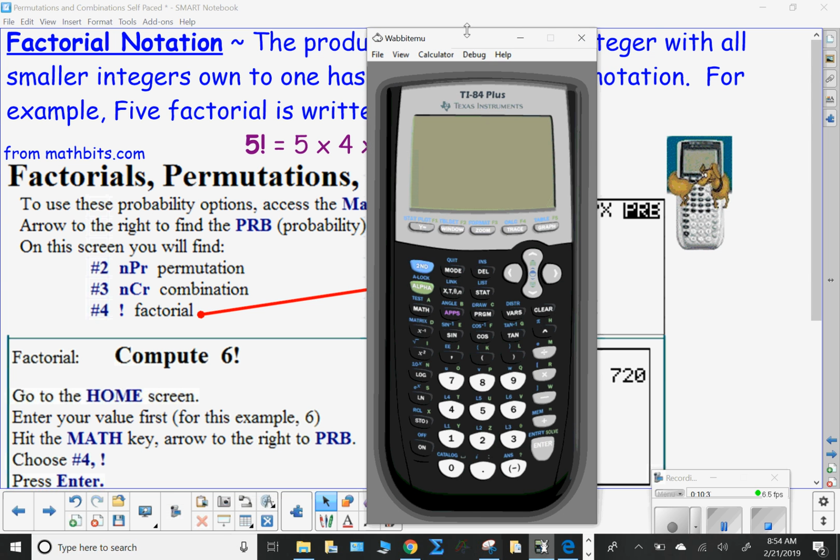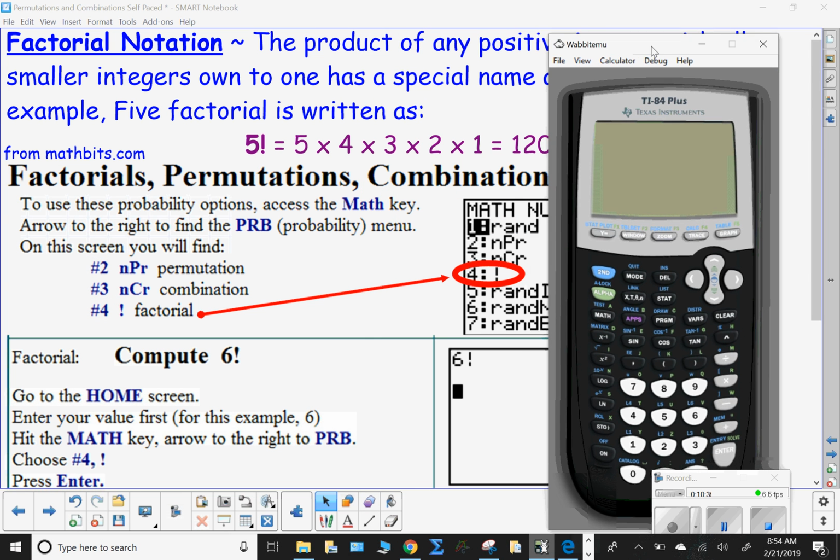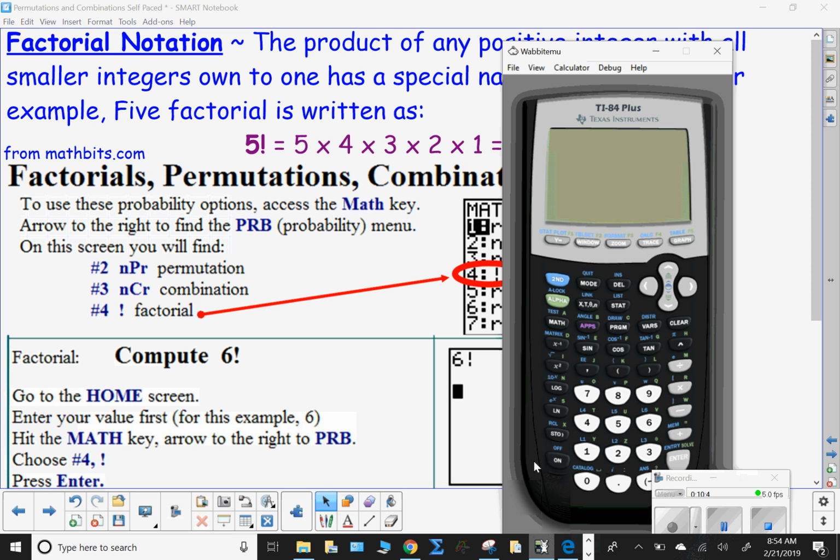So what you're going to do when you want to do factorial with your calculator, obviously you have to turn it on. Okay. And then you're going to hit math, and then you're going to want to go over to probability. And notice here's your factorial right down here. Okay? But here's the little bit of a tricky thing.